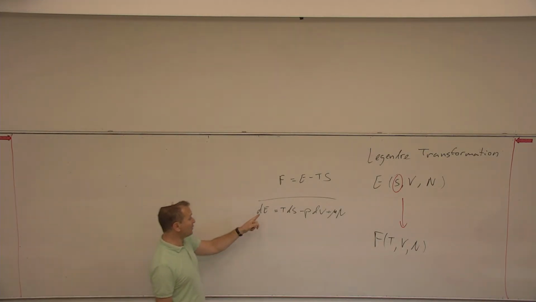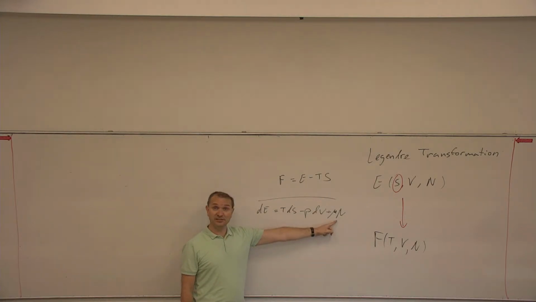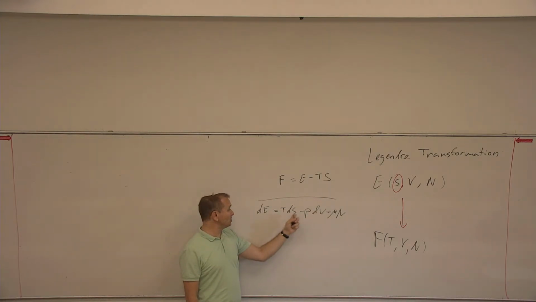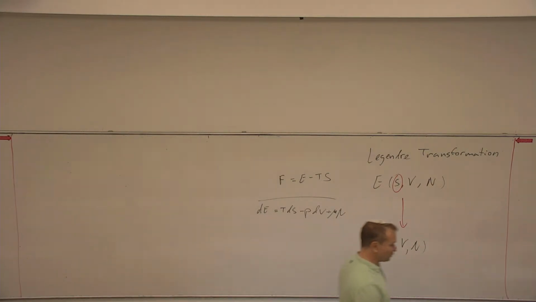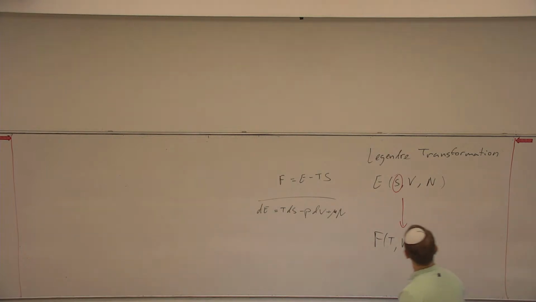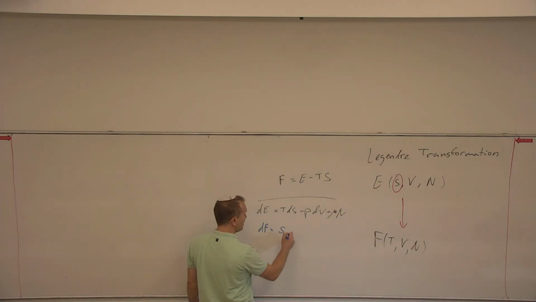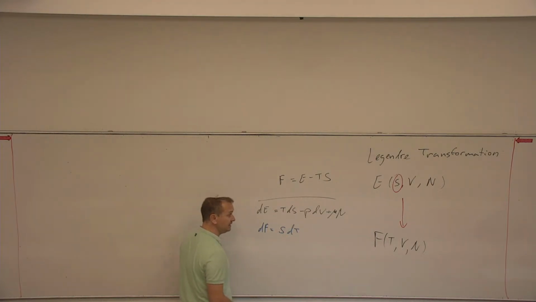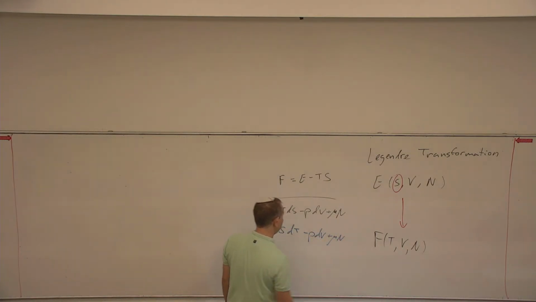They are not the variables of E. The variables of E are extensive variables, and those generalized forces are intensive variables. When we perform the Legendre transformation, we obtain that dF equals minus S dT minus P dV plus mu dN.